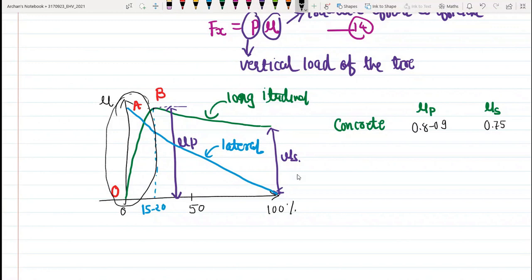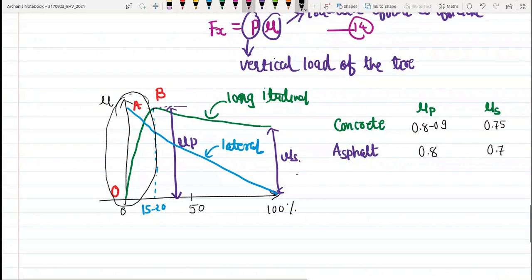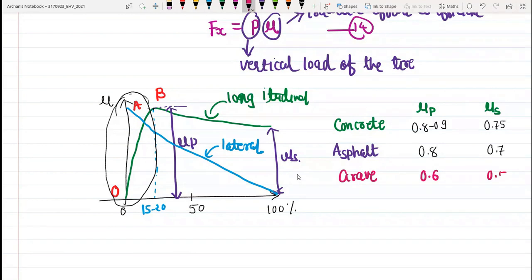If I talk about a road made up of asphalt, in that case the peak value will be 0.8 and the sliding value will be 0.7. If we have gravel, then the peak value is 0.6 and the sliding value will be 0.55.